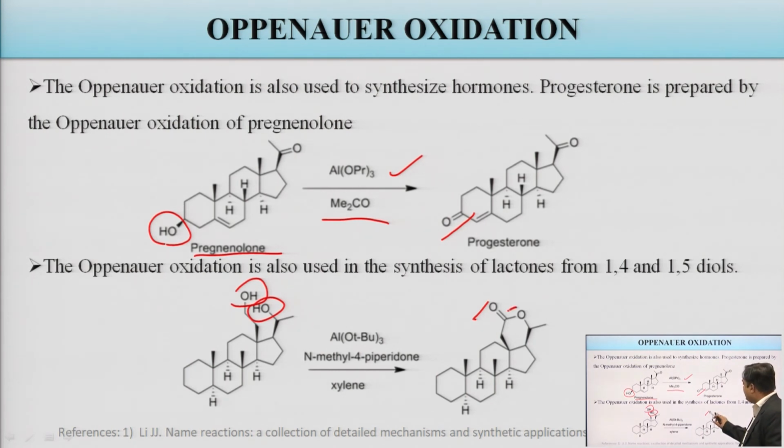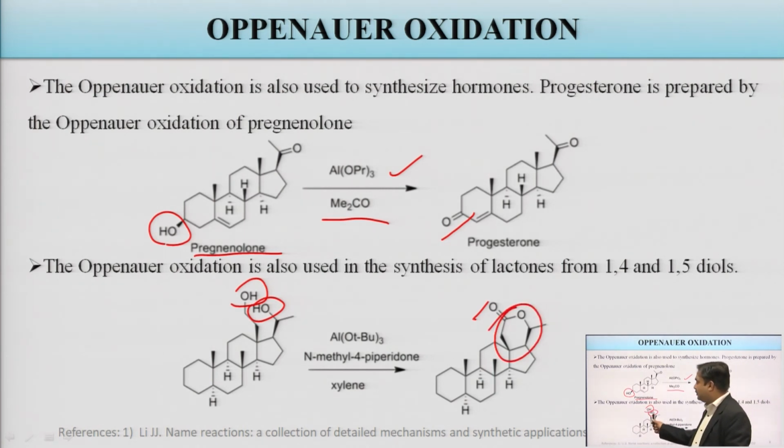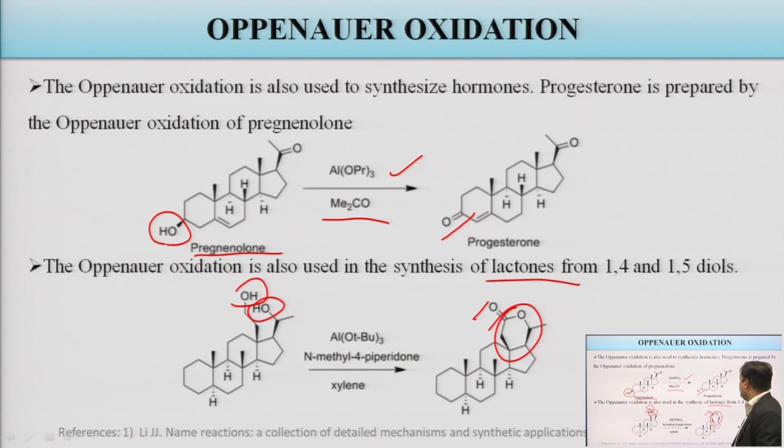That is why the Oppenauer oxidation is also used in the synthesis of lactones from 1,4 and 1,5 diols. If we use a 1,5 diol, we get a 6 membered lactone ring. If we use a 1,4 diol, we get a 5 membered lactone ring.